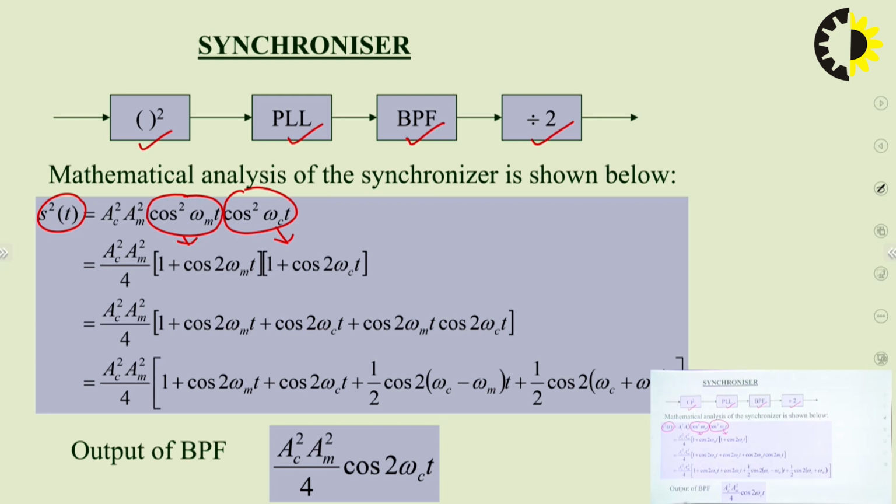Now, upon further simplification, we get 1 plus cos 2 omega m t plus cos 2 omega c t plus cos 2 omega m t into cos 2 omega c t.